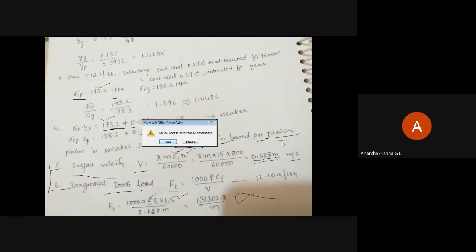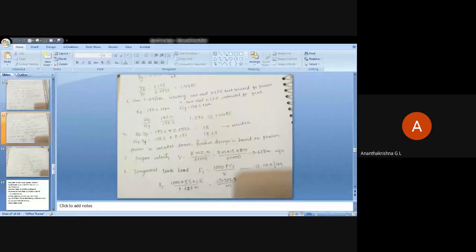Check. Gunasagar, is it understood? Danish, is it okay? Gautam Sai, is it fine? Okay.